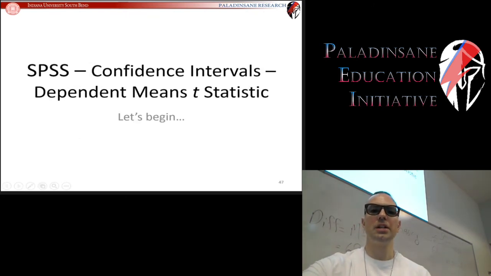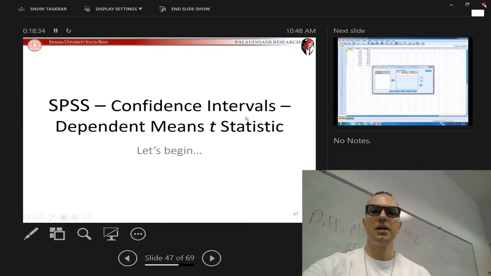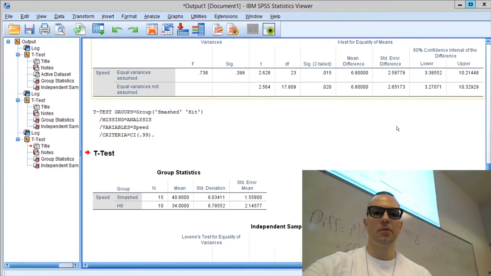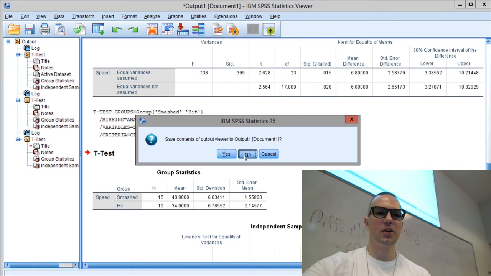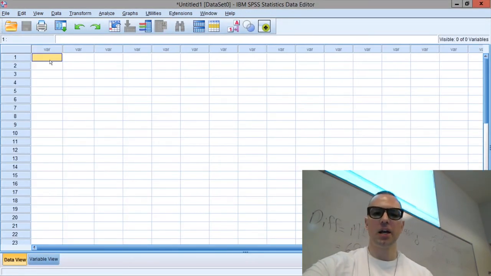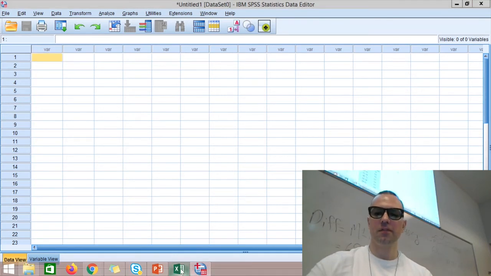And once again, what we need to do is set up our t-test, this time the dependent means t-test. Somebody's enthusiastic about the dependent means t-test. Okay, I'm going to exit out of the output there. I'm going to delete my columns so that I don't get any sort of confusion.